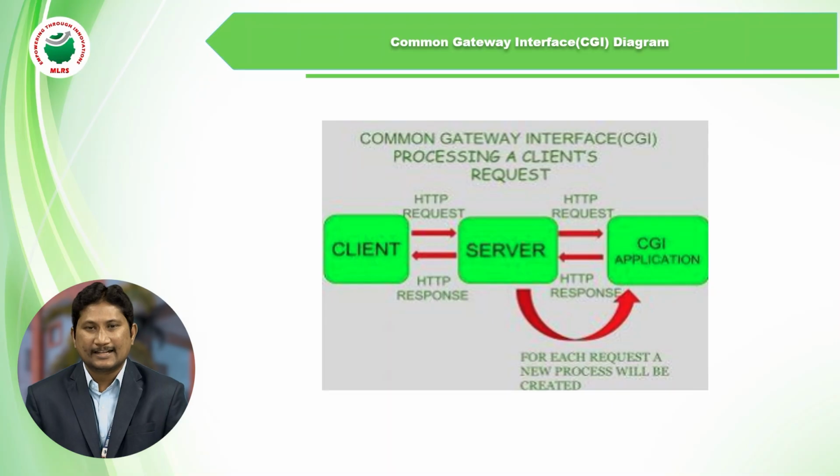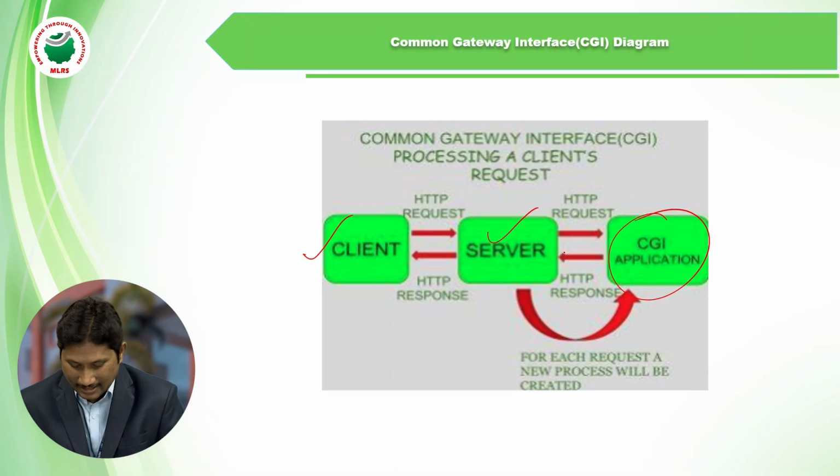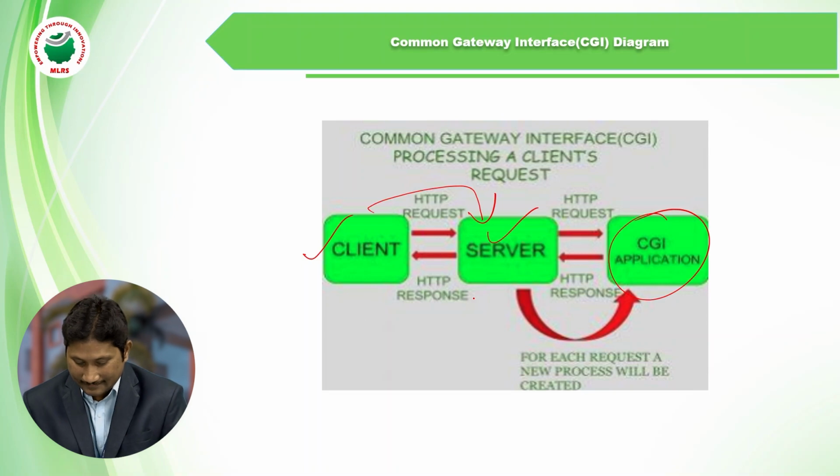This is the CGI Common Gateway Interface diagram. This is a client, this is a server. On the server side we have the CGI application. Here the client sends the request to the server. The server accepts this request, and on the server side we have the CGI application.